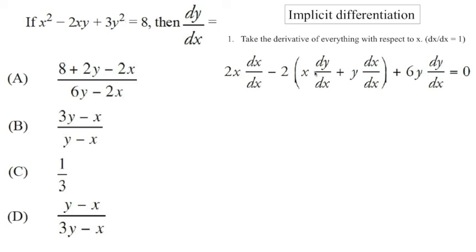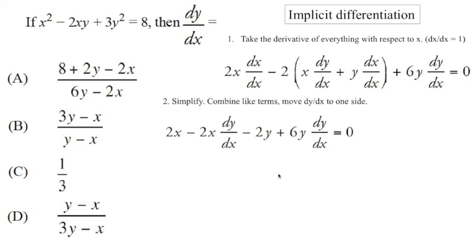So this situation is special because we got x's and y's mixed up together. We're going to use that special phrasing there. So 6y, that's the basic derivative of 3y squared, but then we need to say dy/dx because we're taking it with respect to x, not with respect to y. And the derivative of any constant is 0.